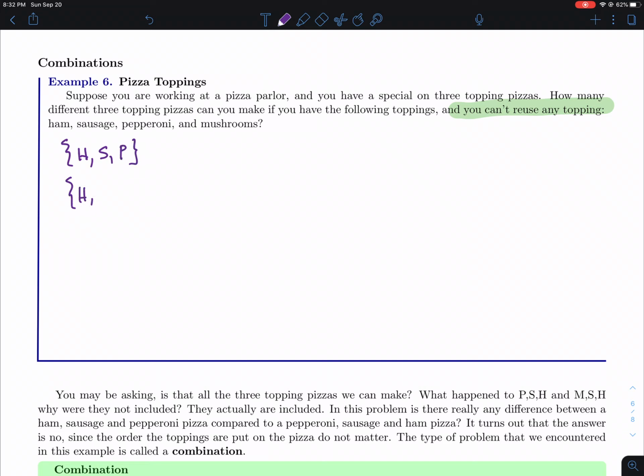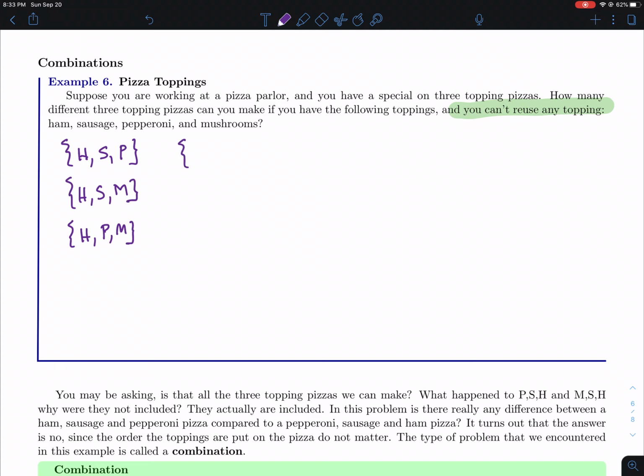And then I'm going to leave ham and sausage the same and throw in mushrooms. Now I'm going to leave ham the same, and I've already used all the sausage, so I'm going to go through pepperoni and mushroom.